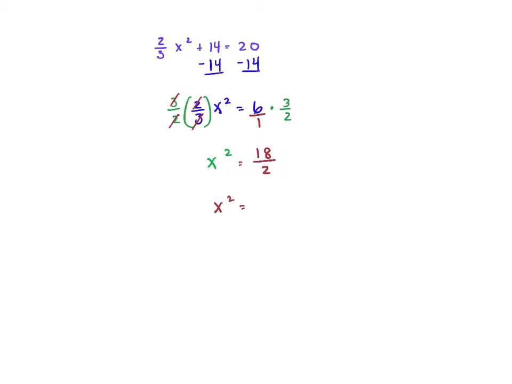So x squared equals 9. And now you can square root both sides. X equals plus or minus 3. Two different answers. Again, I know if I graph this, it would cross the x-axis at plus 3 and minus 3.